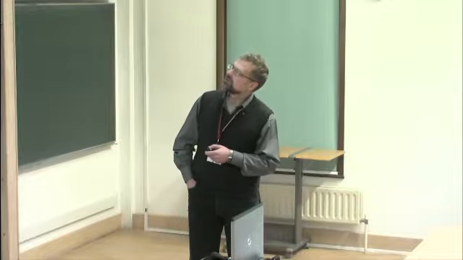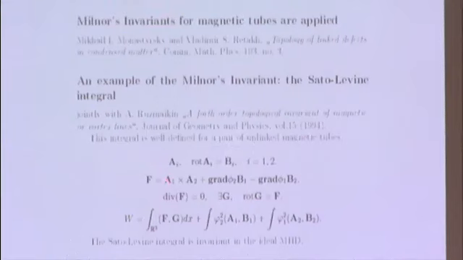This integral looks like the following. If we take two magnetic tubes, with vector potentials A1 and A2, then we can organize such a field. This is a divergence-free field, because this last term is organized so that this equation is satisfied.